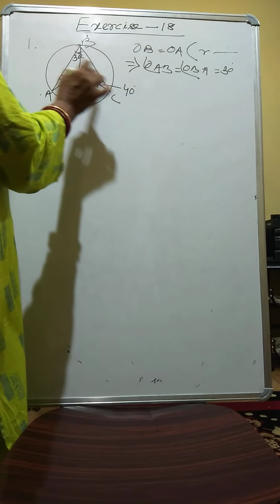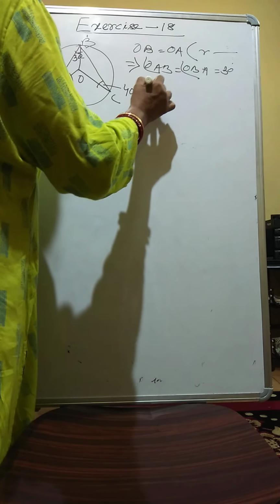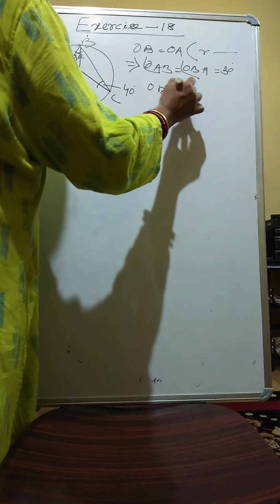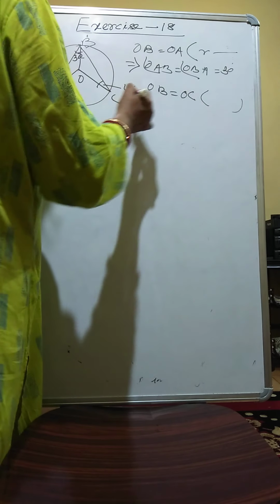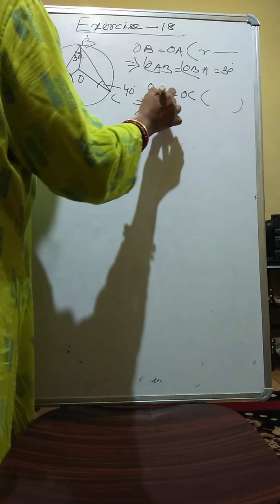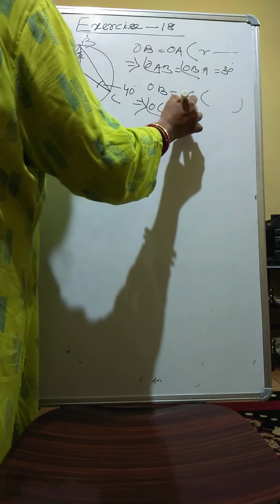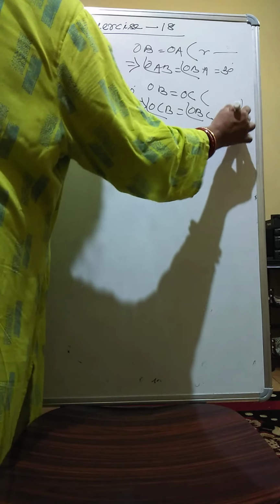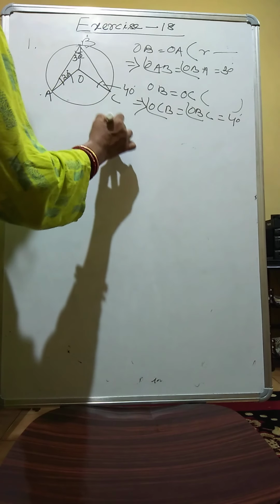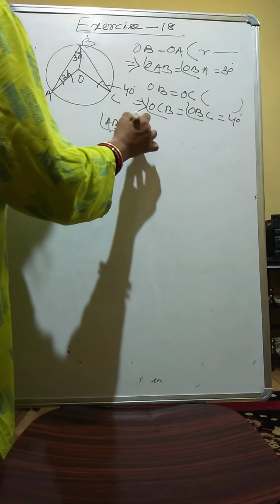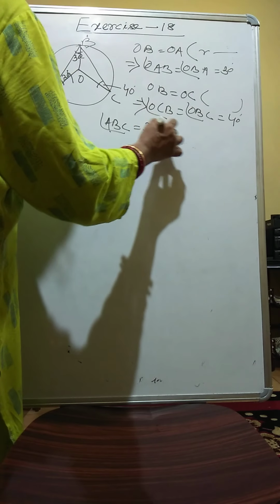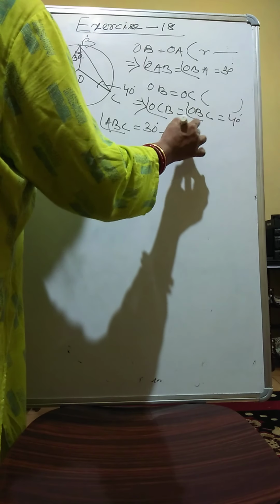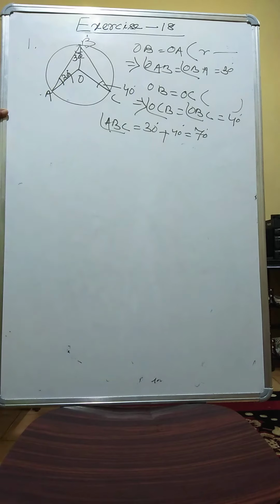Similarly in BOC triangle, I can write OB is equal to OC, radii, then OCB is equal to OBC, 40 degree. Now you got ABC angle is equal to 30 plus 40, 70 degree.